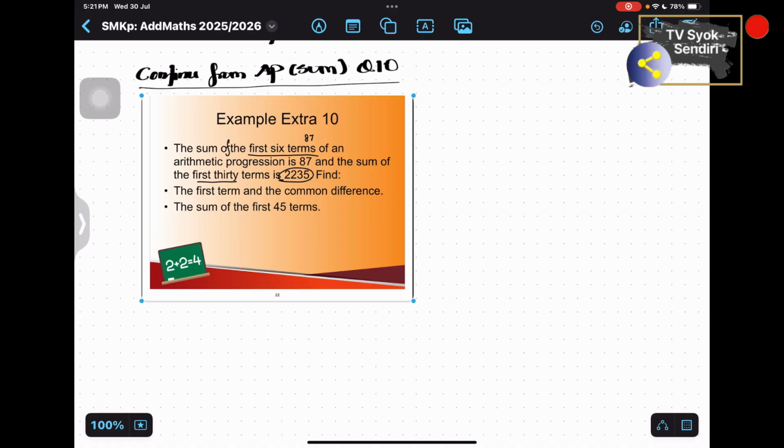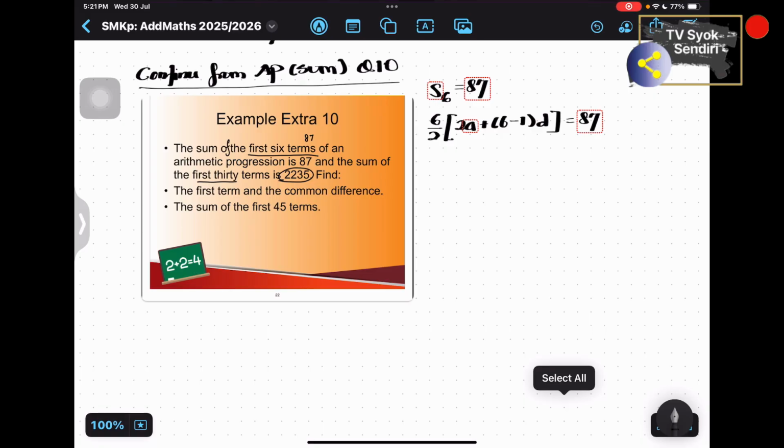So now they're telling us that the sum of the first n terms, remember, it's a sum. So now I'm going to write S6, because it's the sum of the first 6 terms, is equal to 87. So just allow me to build the formula. So now I have 6 over 2, 2a plus 6 minus 1 multiplied by d, close it up, equal to 87.